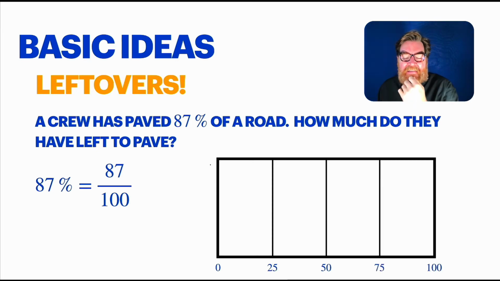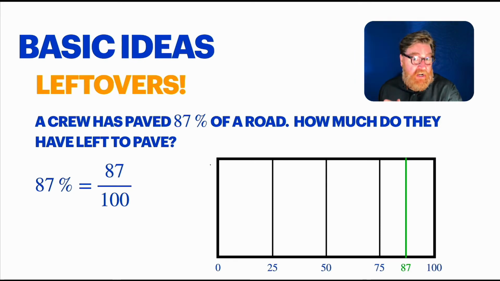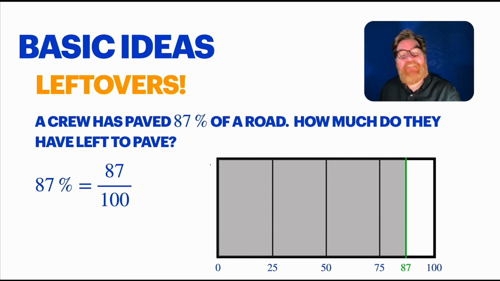And now 87, that would be, let's see, 12 more hundredths to the right of 75. So I'll put that down there. It's almost halfway between 75 and 100, isn't it? And that would be where 87, the 87th piece, the 87 hundredth would end. So let's shade up, and that's them paving. All right.